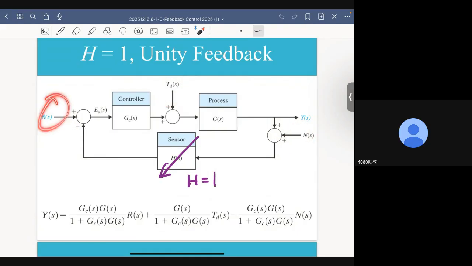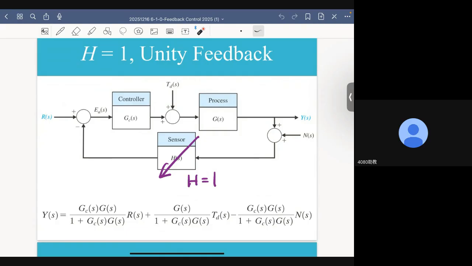This is what we call the command or the nominal input, and these two inputs are undesirable inputs. We don't want them, but they are there, so we need to deal with them, whether we like it or not. The truth of the matter is they are always there.